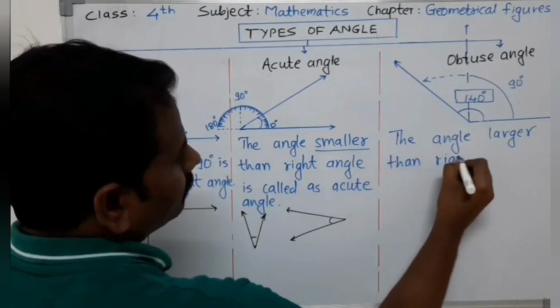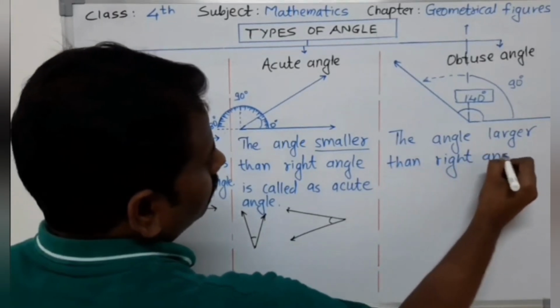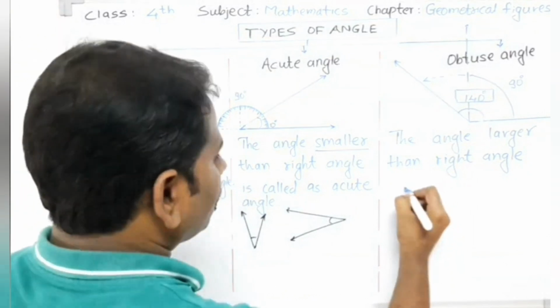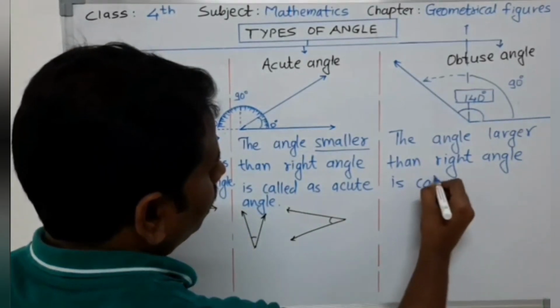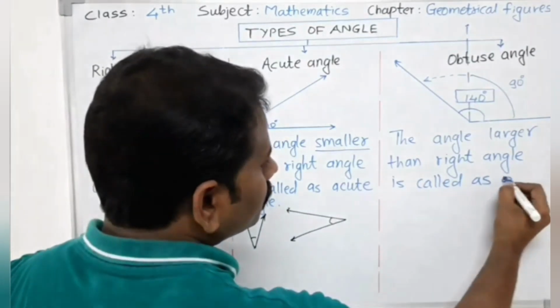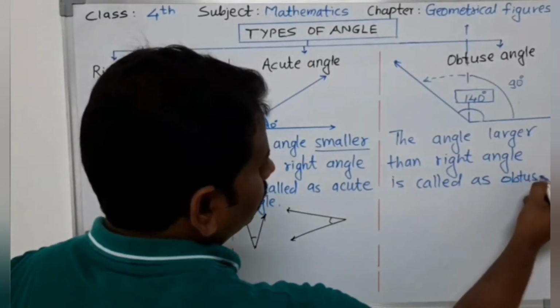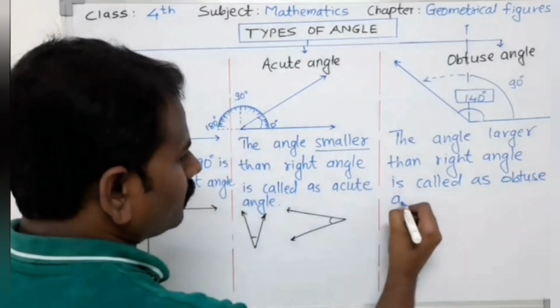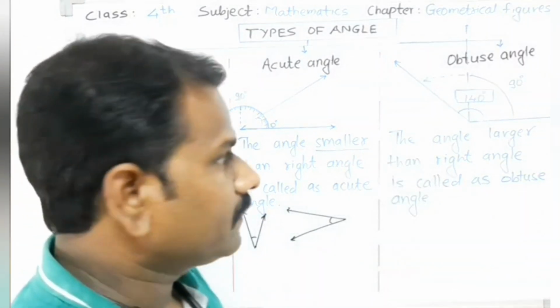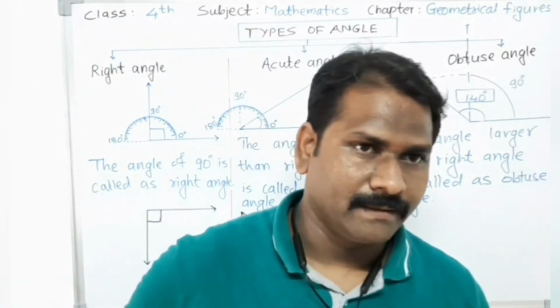The angle larger than right angle is called as obtuse angle. So this would be the definition of obtuse angle.